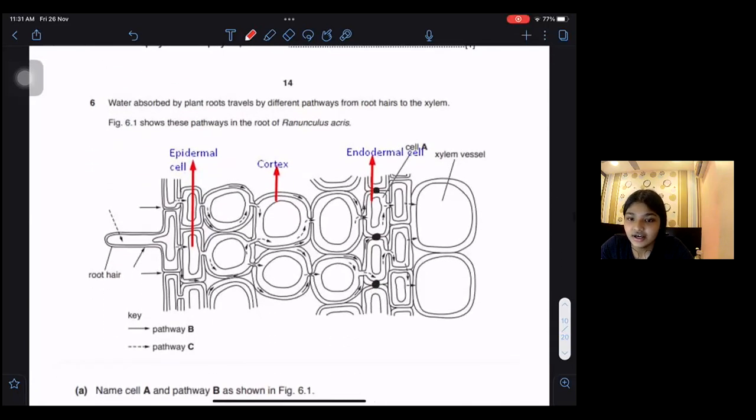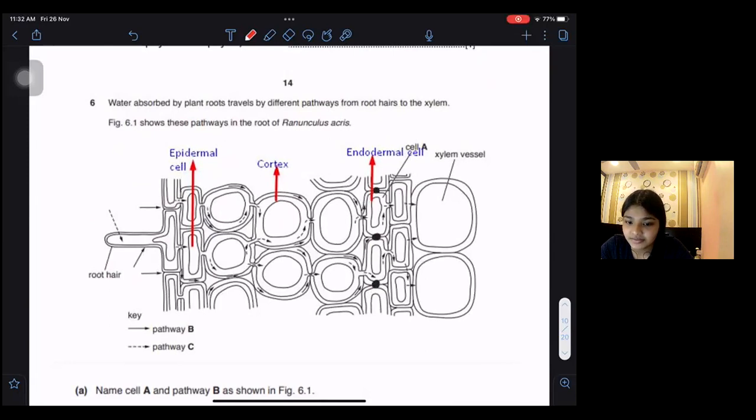So this question is about the symplast and apoplast pathway. The question says that water absorbed by plant roots travels by different pathways from the root hairs to the xylem. Figure 6.1 shows these pathways in the root of Ranunculus acris.